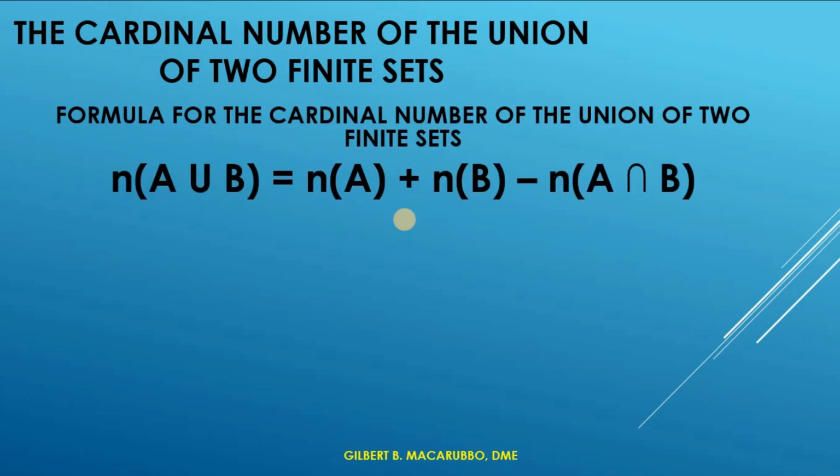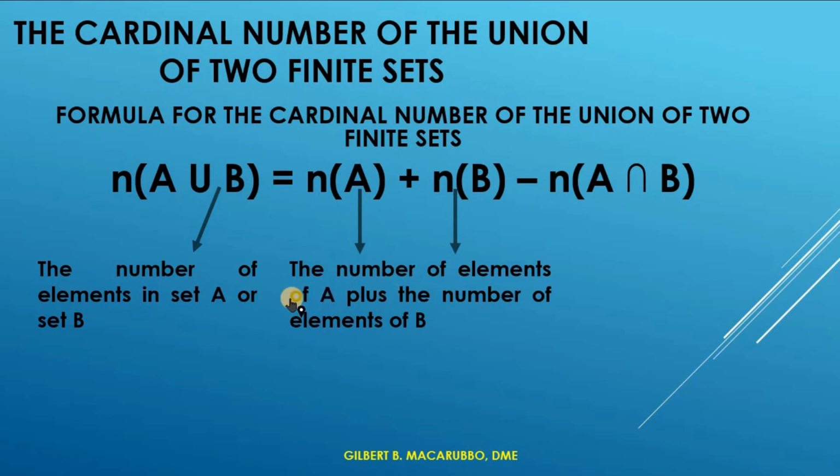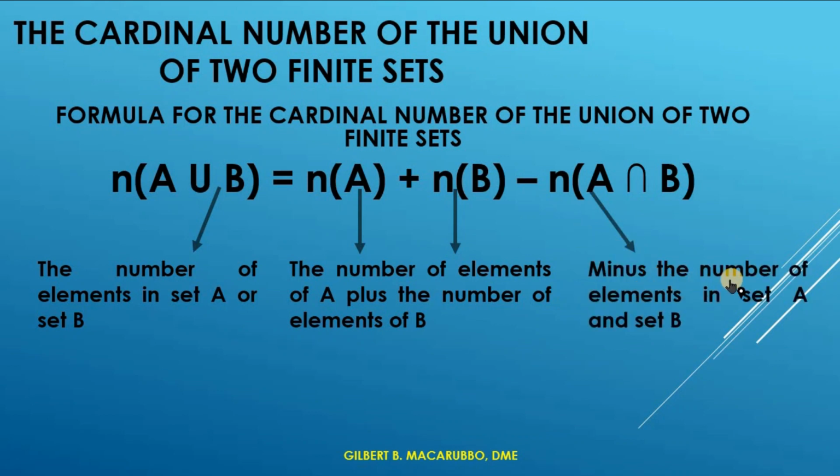The formula for the cardinal number of the union of two finite sets: the number of elements in the union of A and B is equivalent to the number of elements of A plus the number of elements of B minus the number of elements in the intersection of A and B. Okay, let us now have an example.